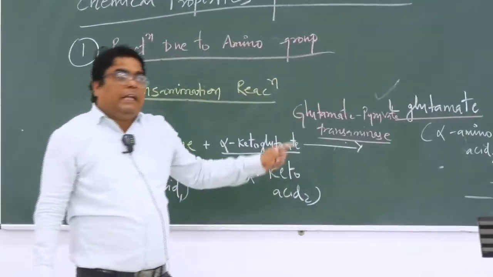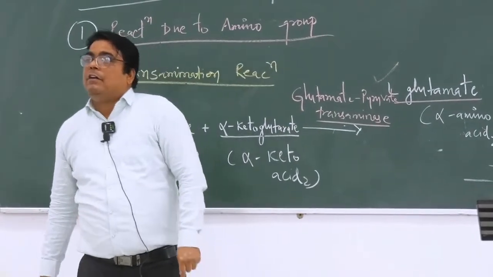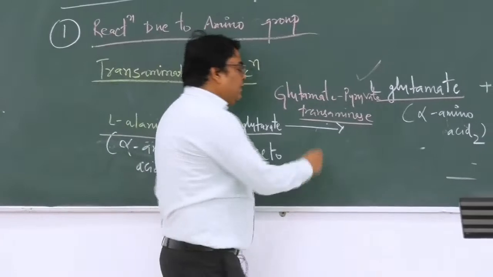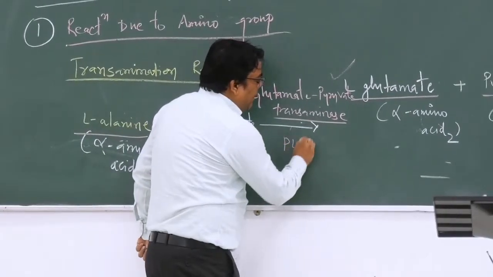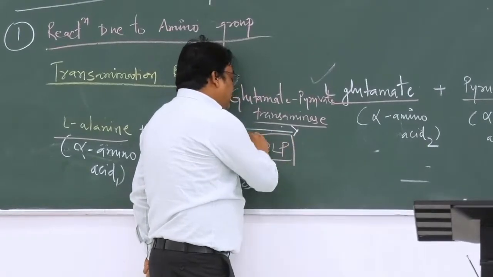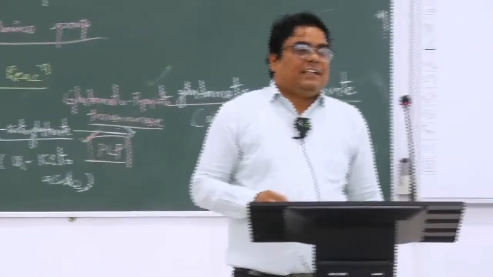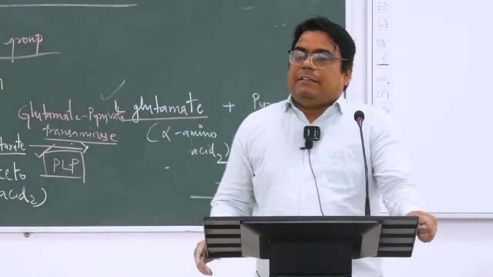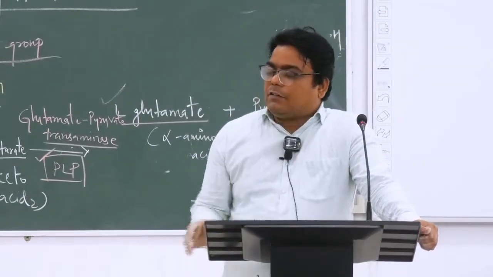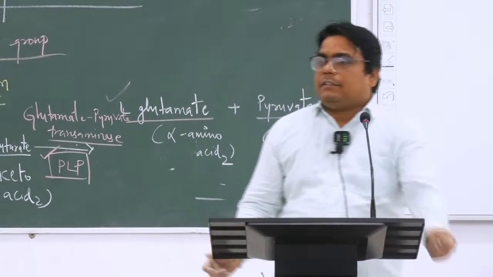And for a particular enzyme, there is a requirement of a coenzyme. It is PLP, pyridoxal phosphate. Pyridoxal phosphate is which vitamin's coenzyme? We will discuss it in the next class.